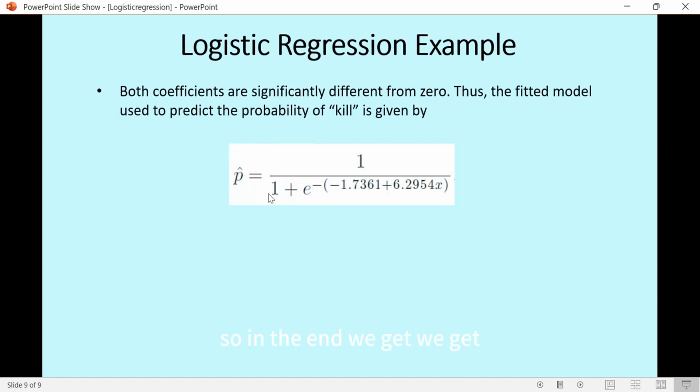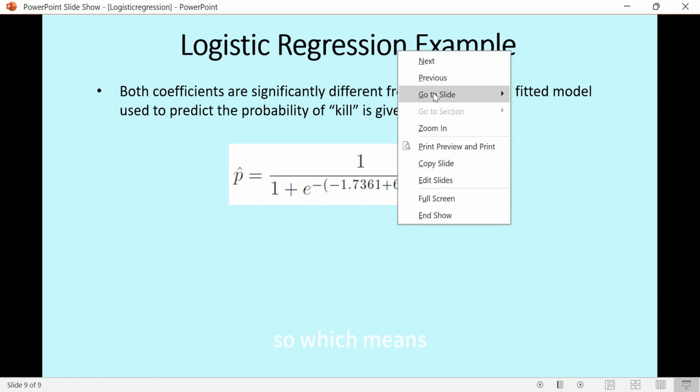In the end, we get this logistic model: 1 over 1 plus e to the power of minus 1.7361 plus 6.29454 times x.